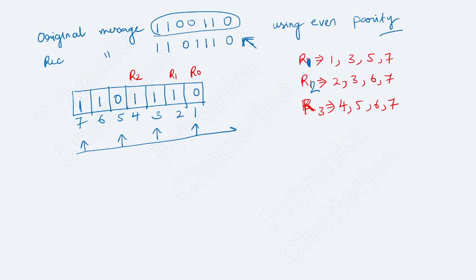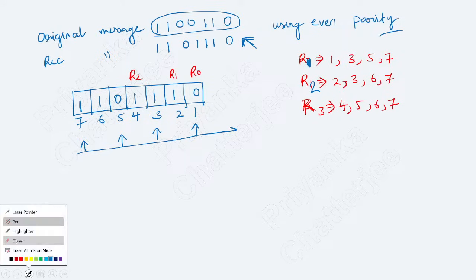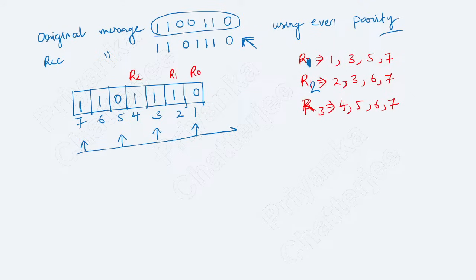And I was taking this example, that this is my original code. How will I understand where the problem is, in which bit the problem is? Check whether R0 is correct or not. For R0, 1 3 5 7. So 1 3 5 and 7.